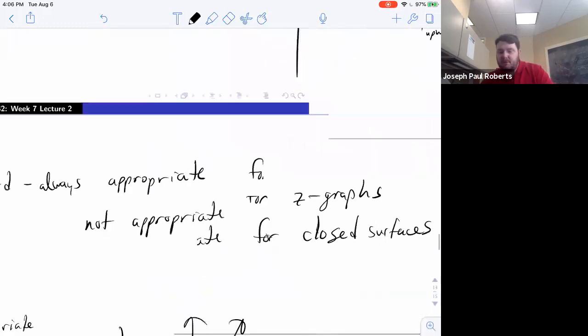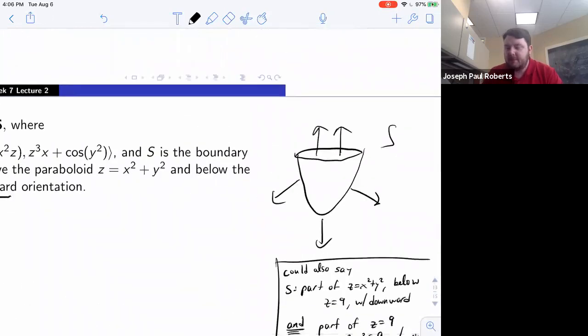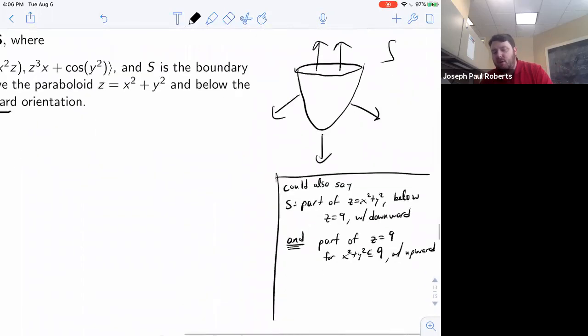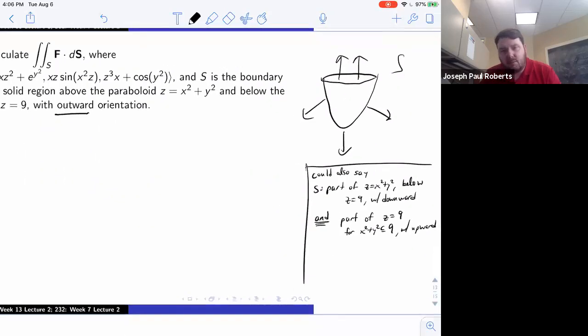So I could break apart these pieces and say upward on this piece, downward on that piece. But altogether, the entire thing is outward. So outward means up on the upper part and down on the lower boundary. So you have to be careful. I could refer to downward and upward on various pieces of an outward closed surface.